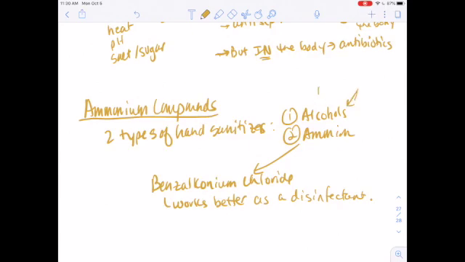So for hand sanitizers, we generally use alcohols. Alcohol is the compound of choice there. But benzalkonium chloride is a common one, and you'll probably come across it. It's used in some soaps, detergents, and the like. And that pretty much wraps up Chapter 5 for us.